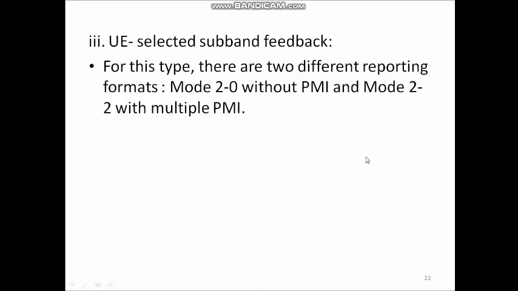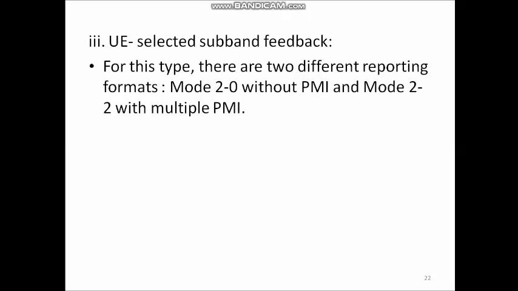Okay, next, the third type of feedback mode supported in the aperiodic CQI reporting format is user equipment selected subband feedback. In this there are two different reporting formats: mode 2.0 without PMI and mode 2.2 with multiple PMI. And in mode 2.0 the user equipment selects a set of M preferred subbands of size k. Again this M and k values depend on the system bandwidth.